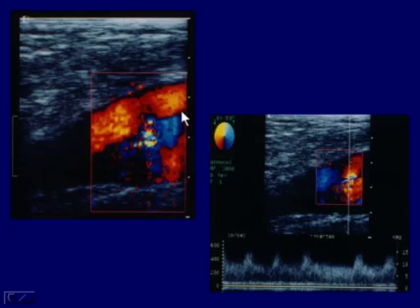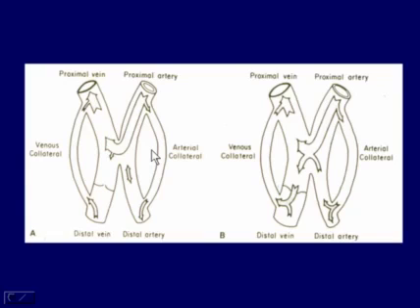Here we see a color flow image, this big bruit going on, a bit of the vein underneath it. We put the Doppler in there, and sure enough, there's this high velocity, low resistance Doppler signal in this fistula from probably the superficial femoral artery to either the femoral vein or common femoral vein.